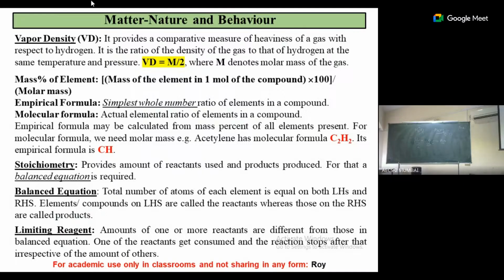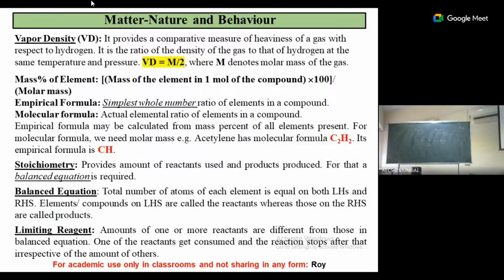Now, while we are talking about this balanced equation and stoichiometry, there is one more concept which is called limiting reagent. Now, it can be that one of the reagents is in excess. Then the balanced equation demands... you are putting some reagent in excess, so that will not be assumed.